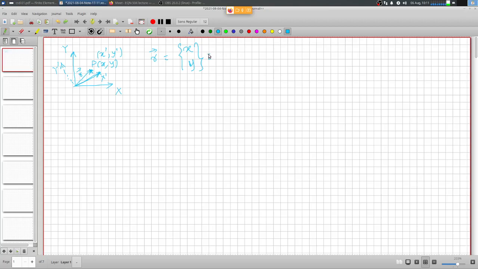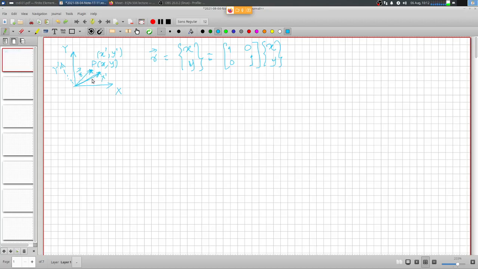Now this position vector R can also be written as x prime and y prime in the new frame of reference. Now what is the direction of x prime, y prime?